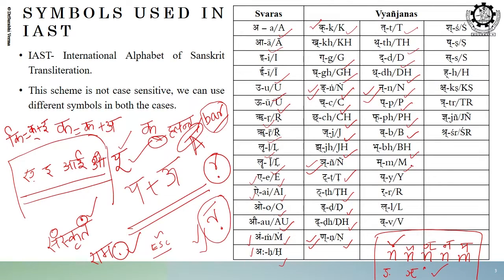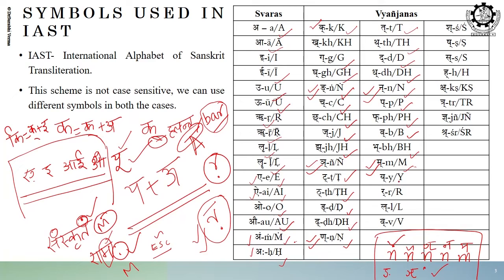That is the difference between anuswara and makara. If I am using this sound as in Rama, this is makara, so I will use the symbol m, and if I have to write anuswara, then I will use m upper dot. This is the basic difference between anuswara and a proper m or a proper vyanjan ma. This is how we have to remember the fifth sound of each group.